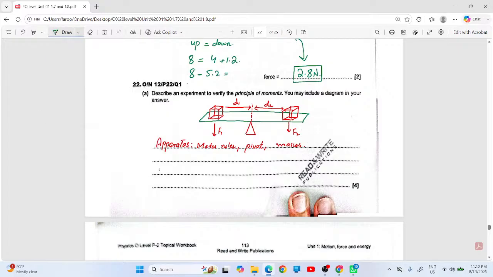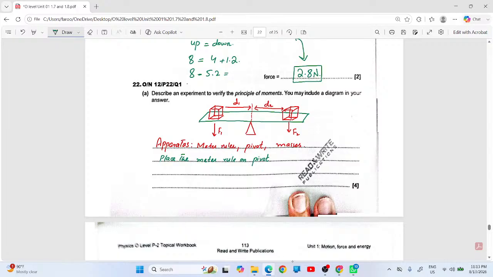So the first step we will write would be: place the meter rule on the pivot.